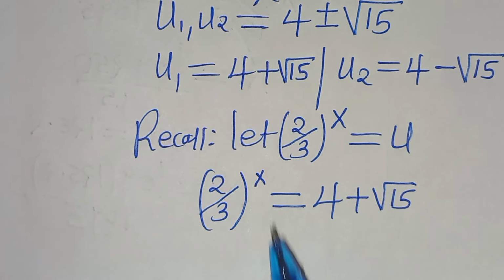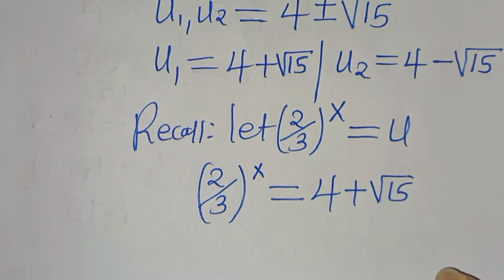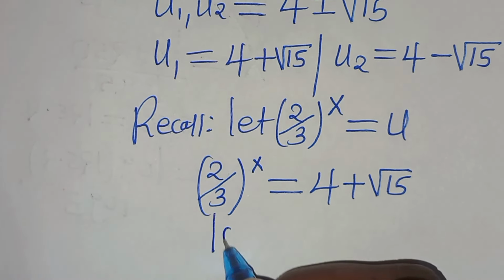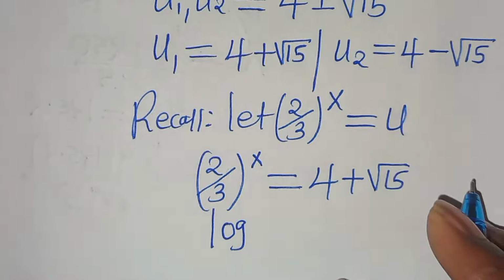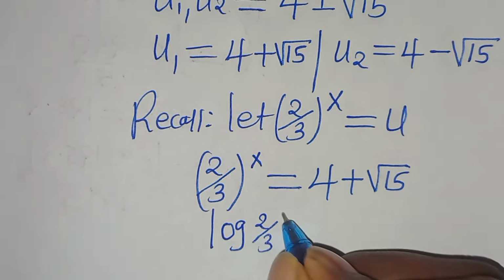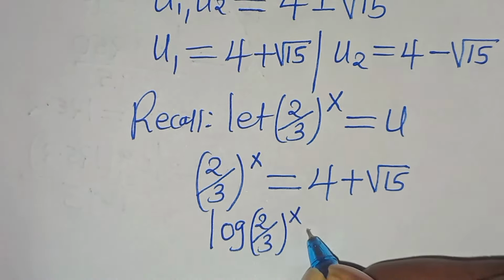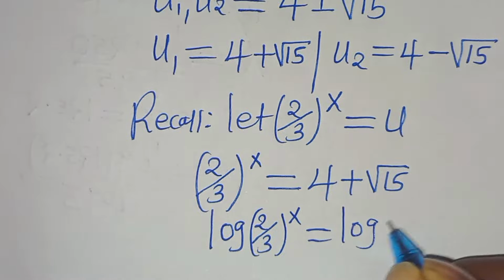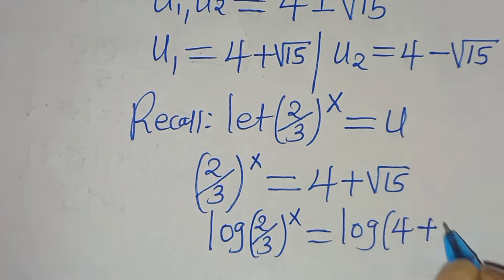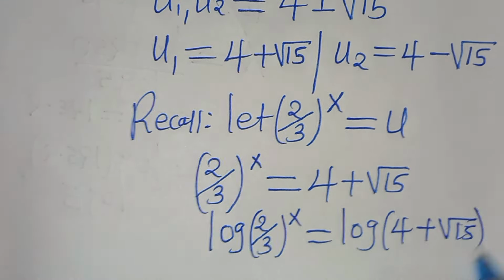Now, to solve for x, we have to introduce logarithms on both sides, so that we have log of (2/3)^x equal to log of 4 plus the square root of 15.